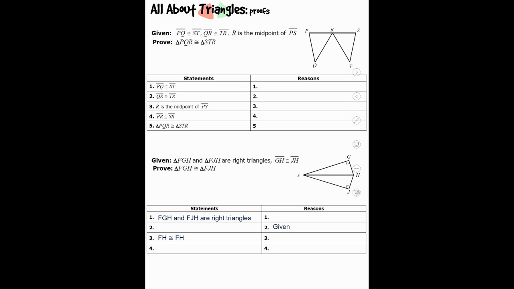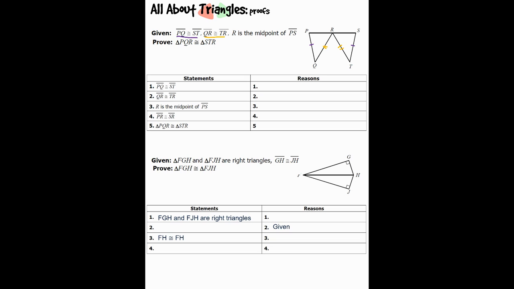So what's this one saying? It says that PQ is congruent to ST. So let's mark that. And QR is congruent to TR.